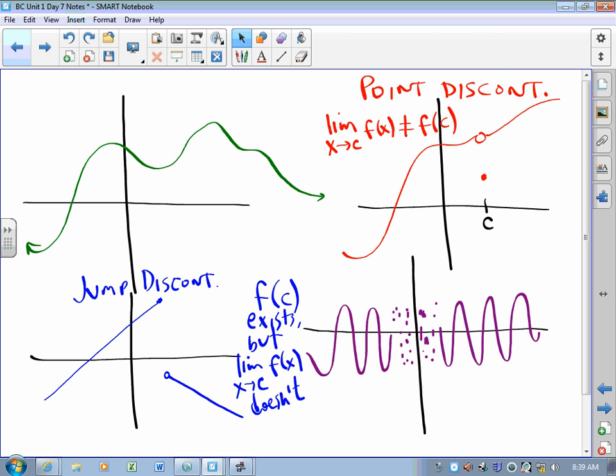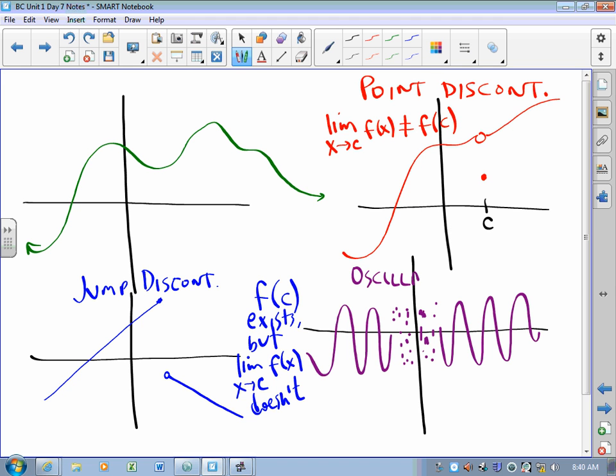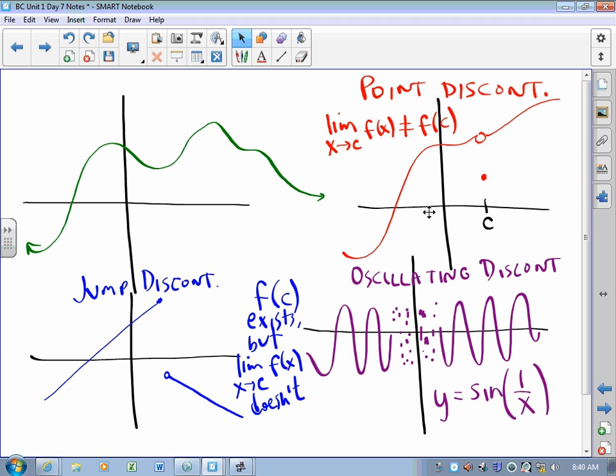And then there are functions like this one. This is one of my favorites. This is called an oscillating discontinuity. And you're going to have to do this in the privacy of your own home. You're just going to have to give it a go. That's a graph of sine of 1 over x. And what I want you to do is keep the y values from -1 to 1, because that's what a sine graph is.